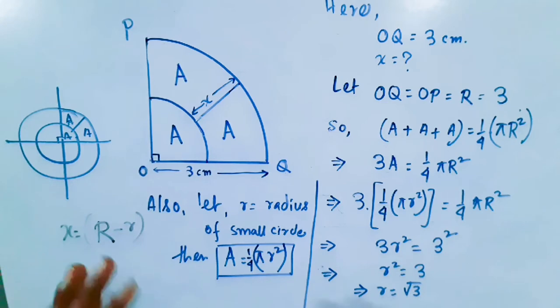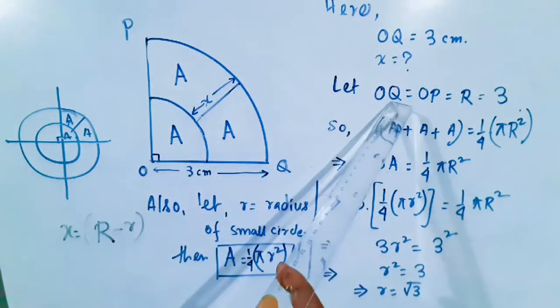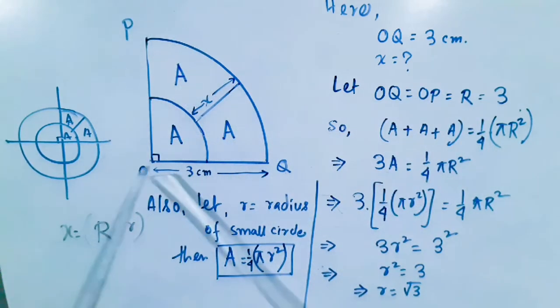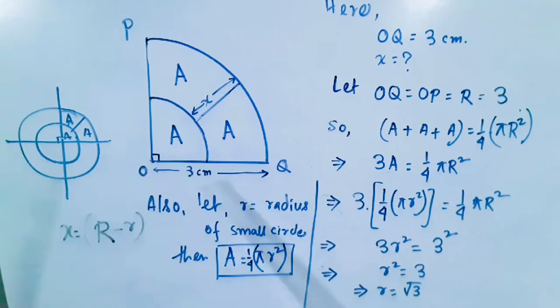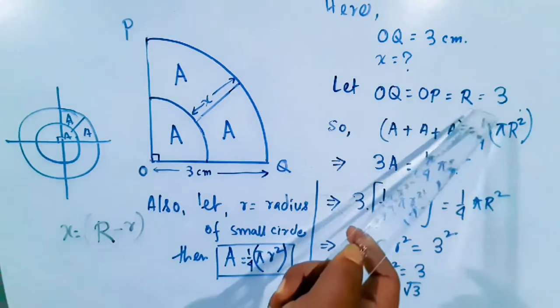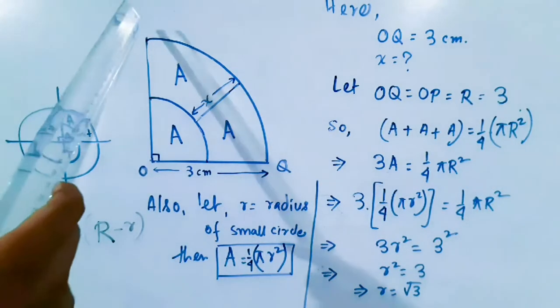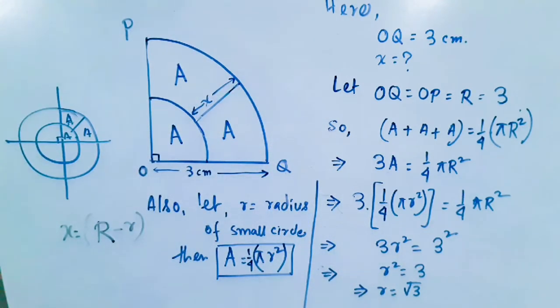I have done the complete solution to save time. First, look, let OQ and OP equal capital R. OP and OQ are the radius of bigger circle. So OQ, OP equals R equals 3 centimeter. Look, POQ, this part is 1/4 of the bigger circle.